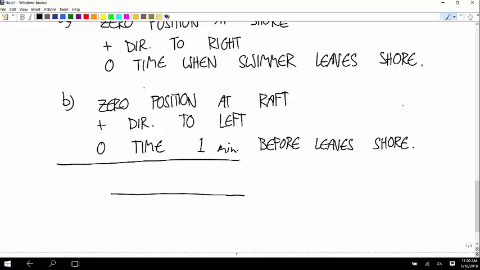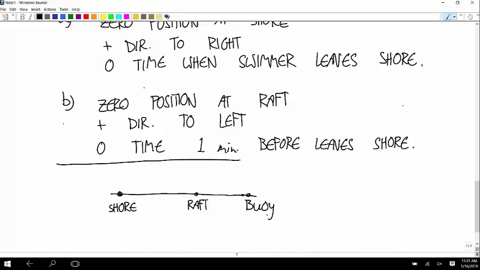Here's the whole domain of this swimmer's motion. Here's the shore, here's the raft, here's the buoy.